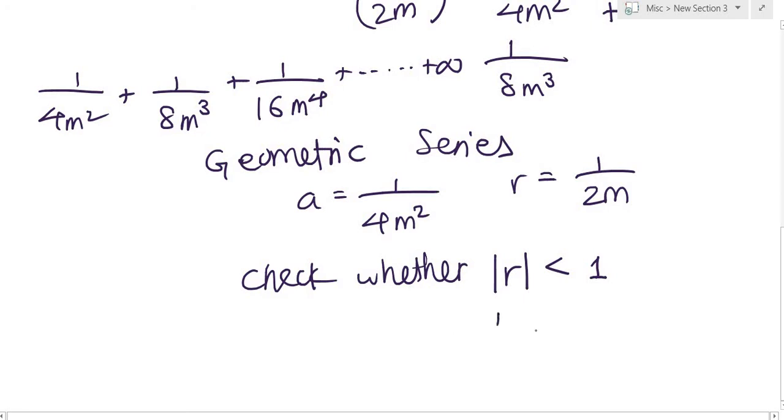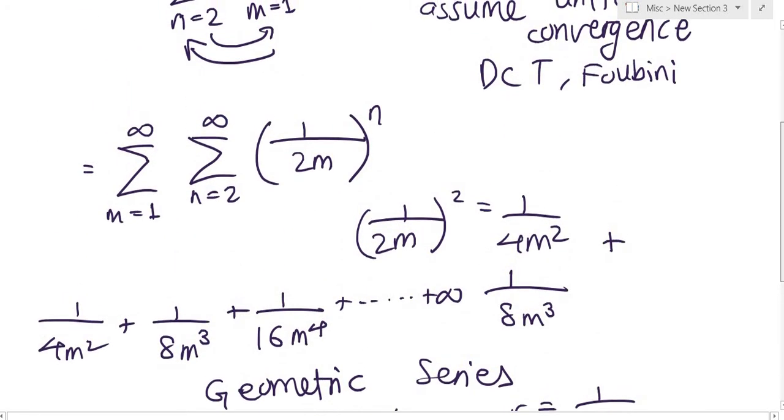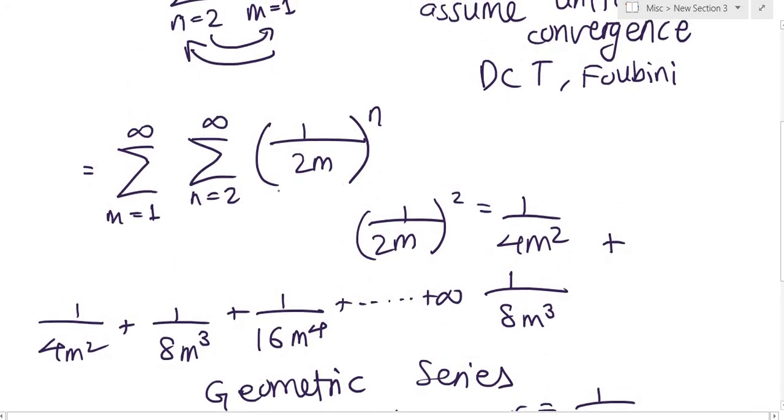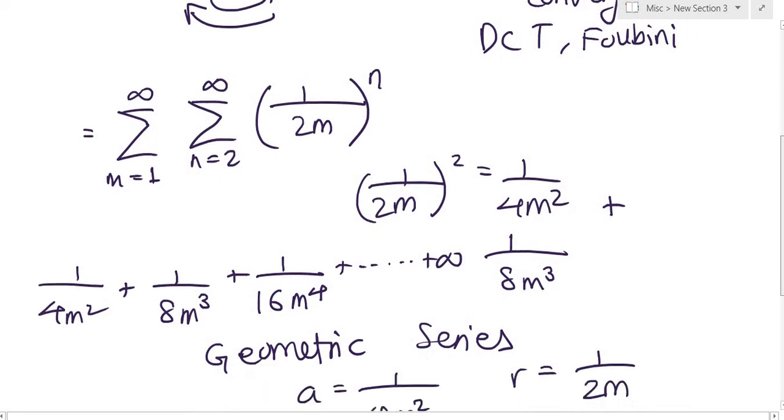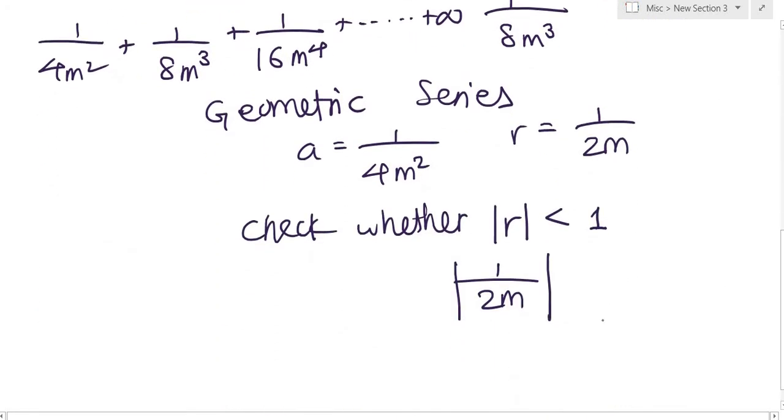And what was the common ratio here? 1 upon 2m, absolute value of that. Well, is that less than 1? Well, let's see. M, by our definition when we introduced it as an index, goes from 1 to infinity. So the least value m can take is 1. When m is 1, the ratio is 1 over 2, which is definitely less than 1.